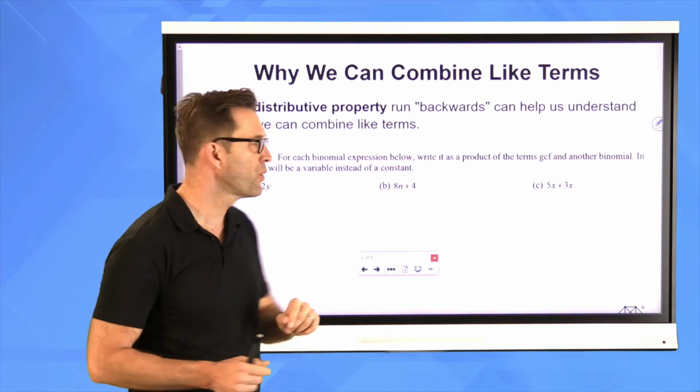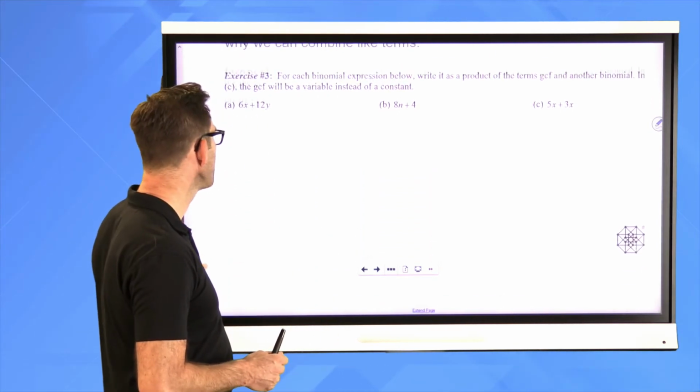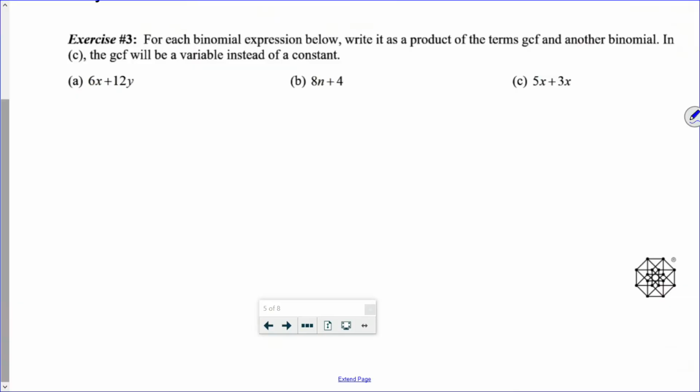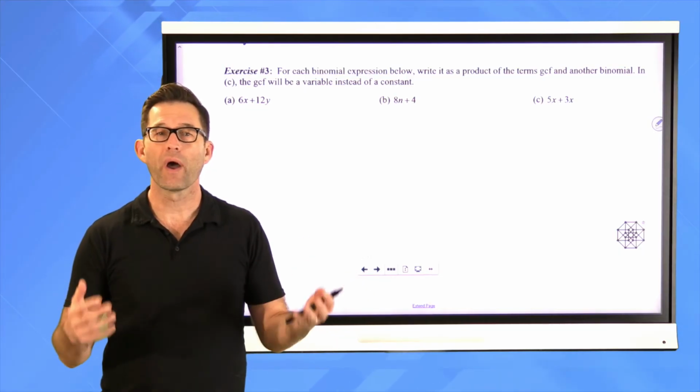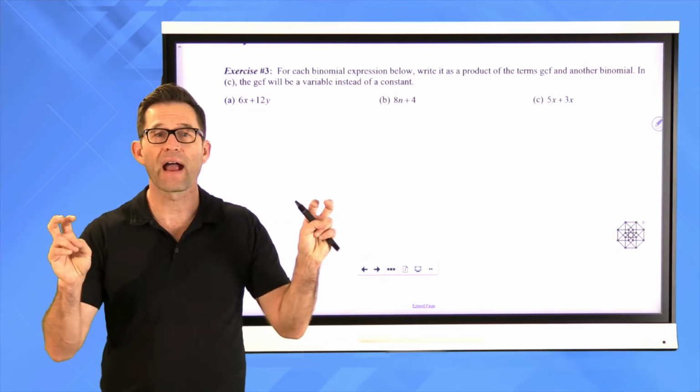Okay, and here's what I mean by that. Let's take a look at exercise number 3 real quick. For each binomial expression below, write it as a product of the terms' GCF and another binomial. In letter C, the GCF will be a variable instead of a constant. All right, so this is just from a previous lesson where we were writing expressions in their factored form.